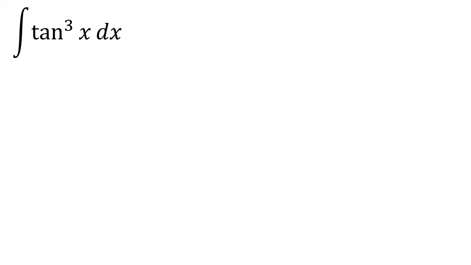Well, if we've got powers of tan, then what we'll do is we'll use a Pythagorean identity. And in particular, we've got this one, tan squared x plus 1 equals sec squared x. So if we rearrange this, then we get sec squared minus 1, and we'll substitute that in.